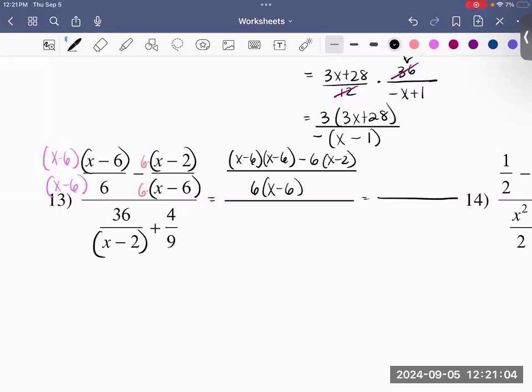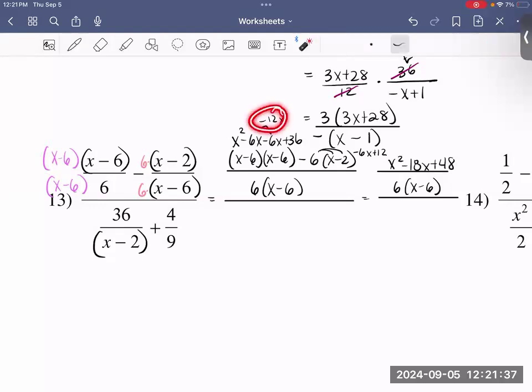When we go to clean it up, your 6, x minus 6 stays. When you FOIL, we get x squared minus 6x minus 6x plus 36. And when you distribute in, we should get negative 6x plus 12. So when we go to combine your terms in your numerator, we should get x squared minus 18x plus 48.